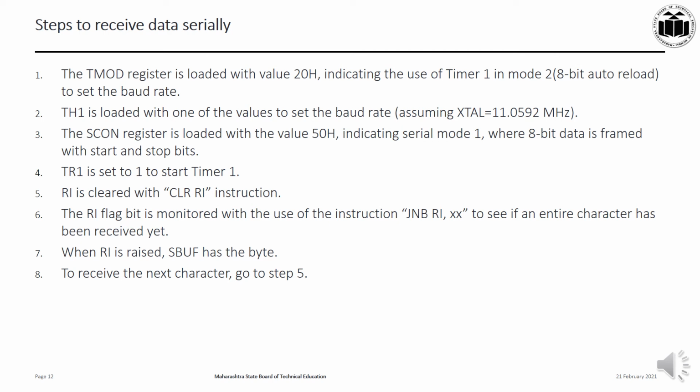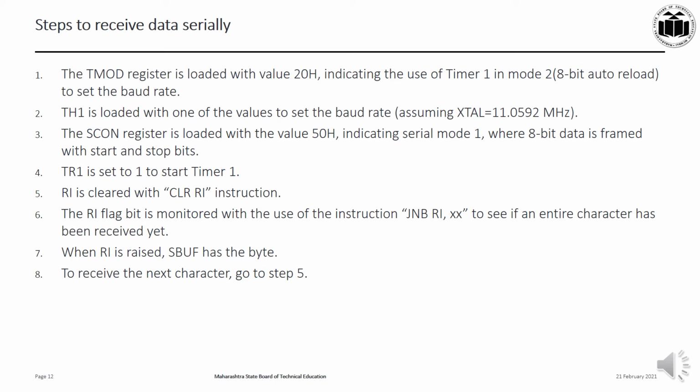So these are the steps to receive data serially. First of all, again we have to load the TMOD register with value 20H indicating the use of timer 1 in mode 2, and TH1 is loaded with the value to set the baud rate. After that we load the SCON register with 50H indicating serial communication mode 1 with 8-bit data framed with start and stop bit.